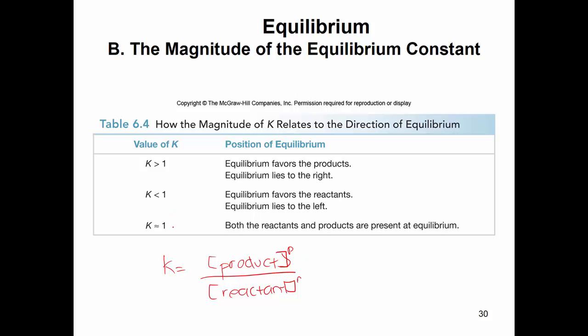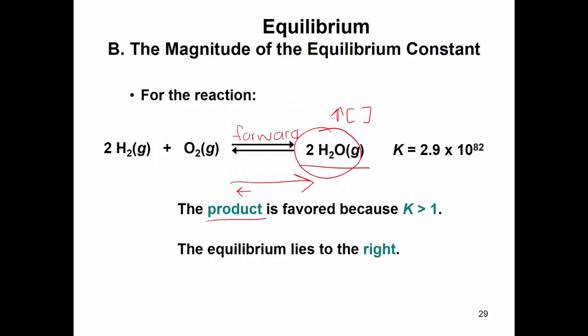If K is much greater than 1, the equilibrium favors the products and lies to the right. If it's much less than 1, it favors the reactants and lies to the left. If it's around 1, then the reactants and products are about equal. In the next video, we're going to look at how we can calculate this.